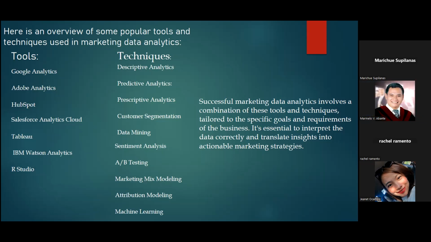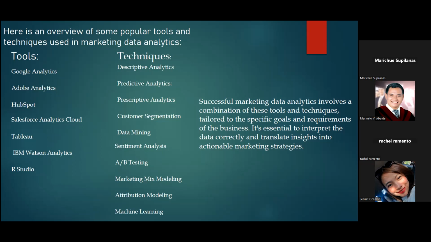This helps in understanding public opinion and making necessary adjustments to marketing strategies. A/B testing compares two versions of a web page or marketing campaign to determine which performs better. It's a vital technique for optimizing elements like headlines, images, or calls to action.